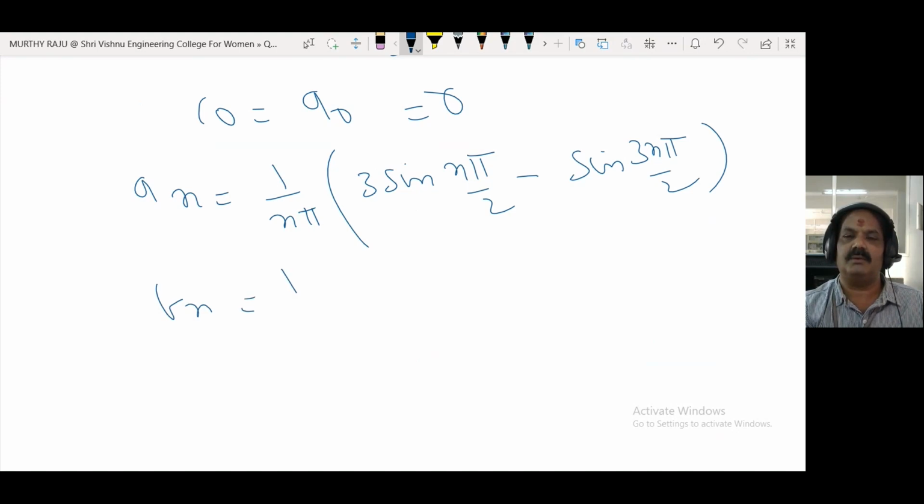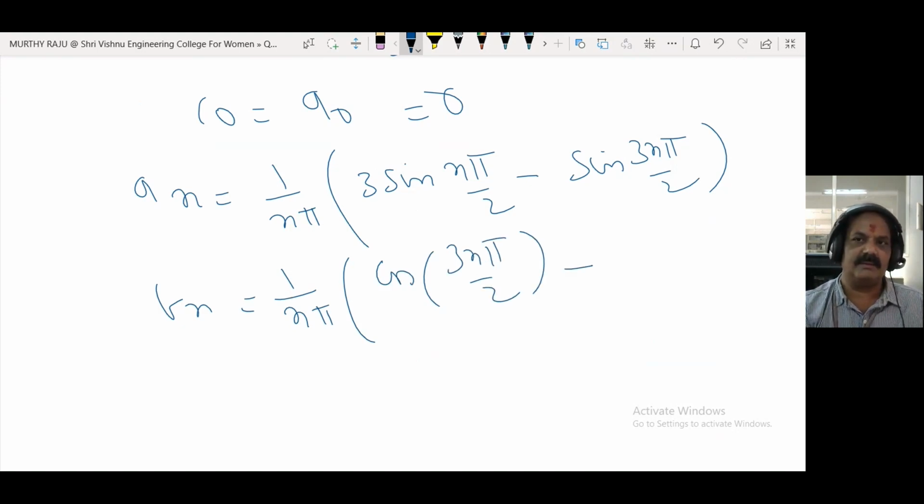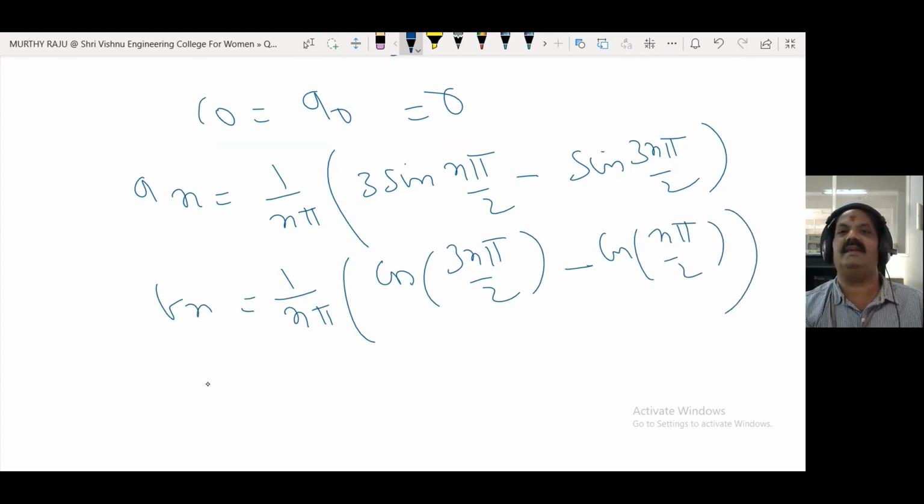Bn is equal to 1 by n pi, cos 3 n pi by 2 minus cos n pi by 2. These are the Fourier series coefficients.